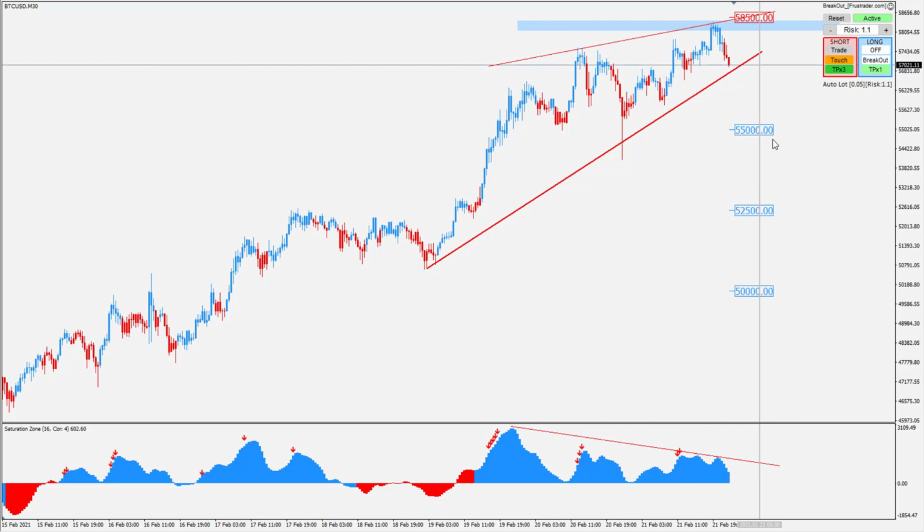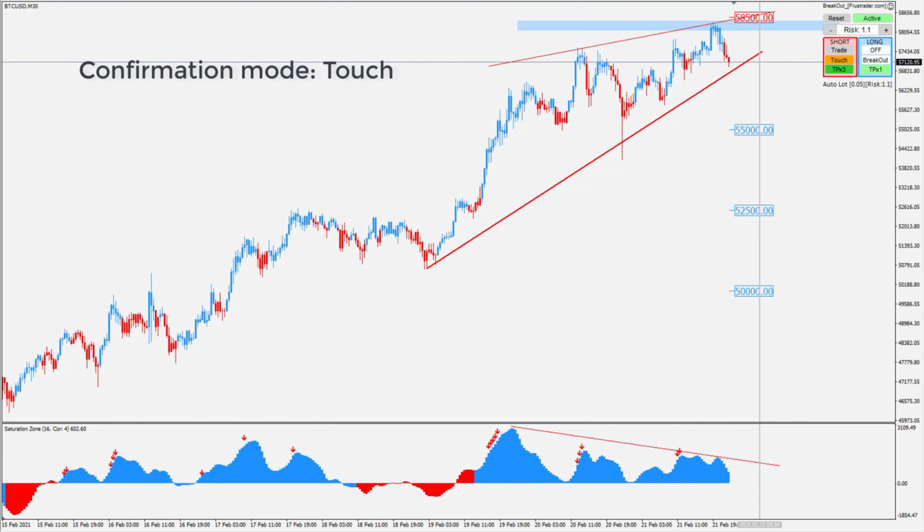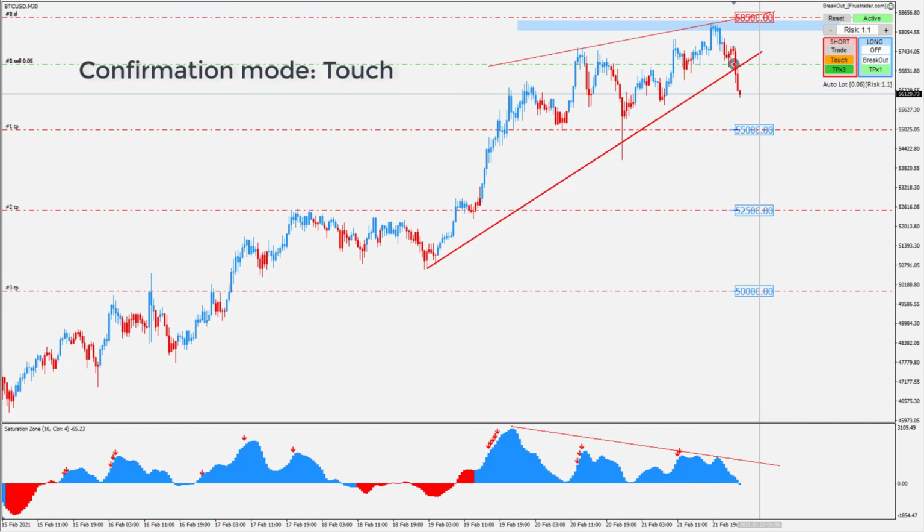Now the EA is active and objects are locked. Let's follow the price behavior. As you can see, once the price touches the sell line, 3 trades are opened.